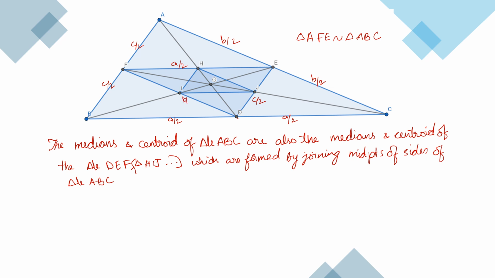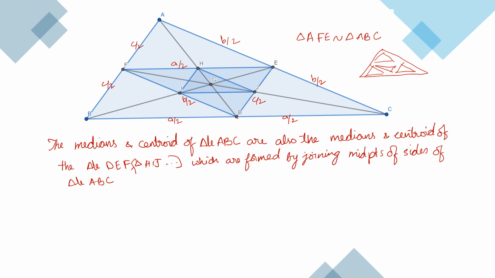So surprisingly, we have got here four similar triangles, right? From the bigger triangle ABC, we have got here four similar triangles, right? And all the four triangles have got lengths A by 2, B by 2, C by 2, right?